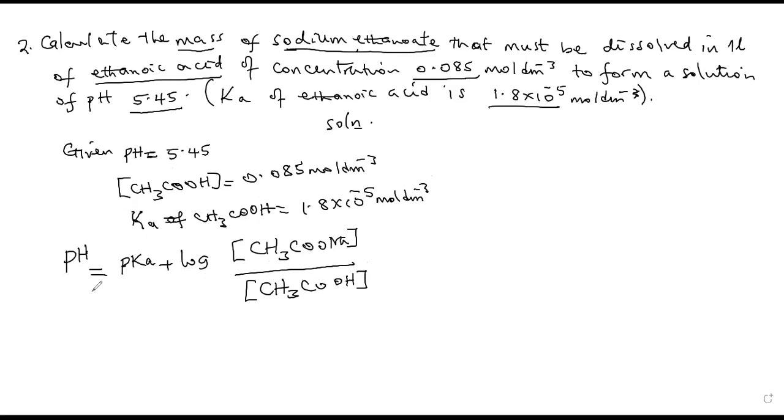Substitute. pH has been given as 5.45. pKa: to get pKa, you take the negative logarithm to base 10 of the Ka value, which is 1.8 times 10 to the power negative 5, plus the concentration of sodium ethanoate, which is not given.